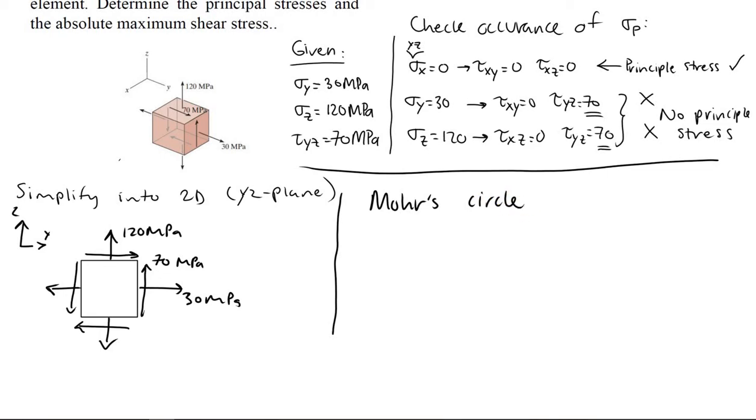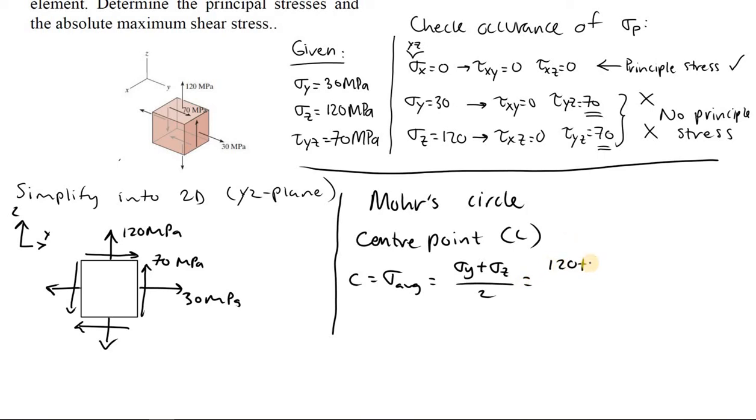If we recall from previous weeks, we start with our center point, C. C is just my average normal stress: my normal stress in Y plus my normal stress in Z, divided by 2. We'll find that we have 120 plus 30 divided by 2, which is 75 megapascals.